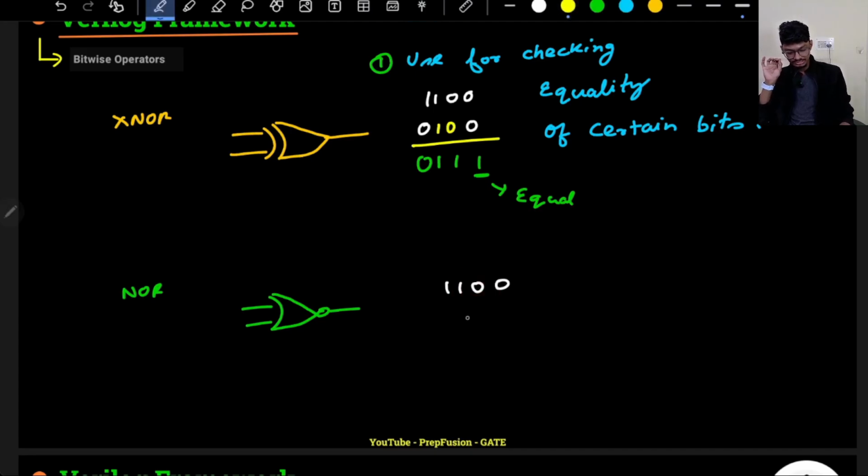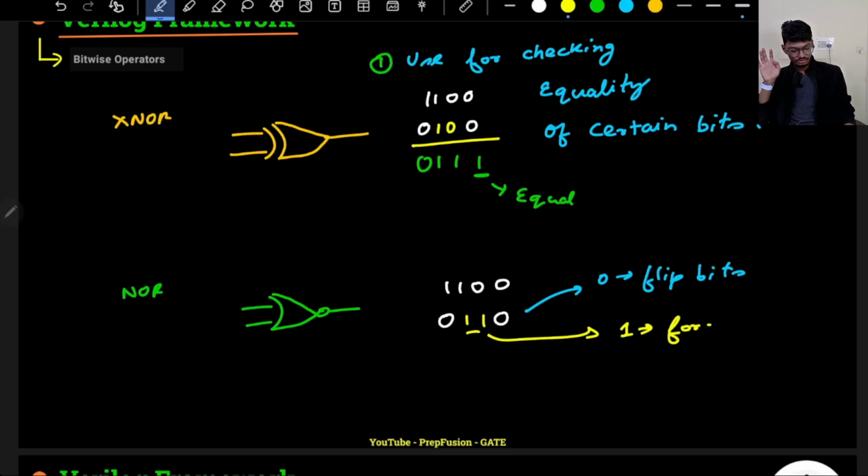So I will make these two bits 1, and I want to flip the other bits, so I will make these two 0. So basically 0 is for flipping bits and 1 is for forcing 0.